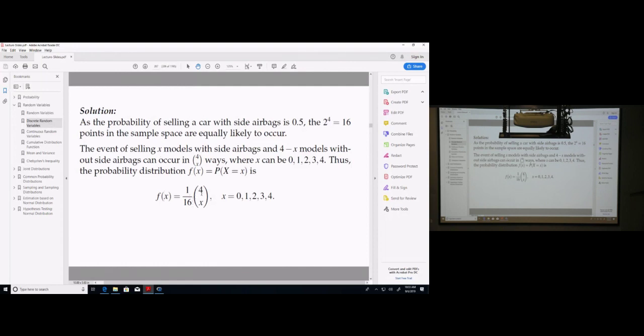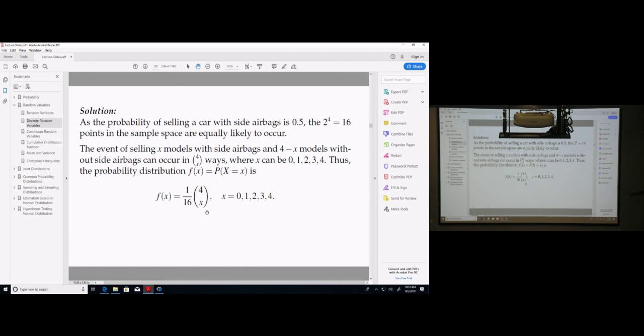For example, the first car and the second car with side airbags, the third and the fourth isn't. Or the first one yes, the second one isn't, the third car yes, and the fourth car isn't. So basically 4 choose 2 is to enumerate all these possible arrangements of putting 4 things, either with 2 that have airbags and 2 other positions without airbags. So this is how you place them.